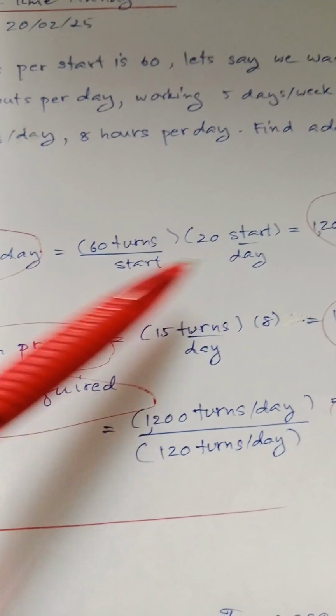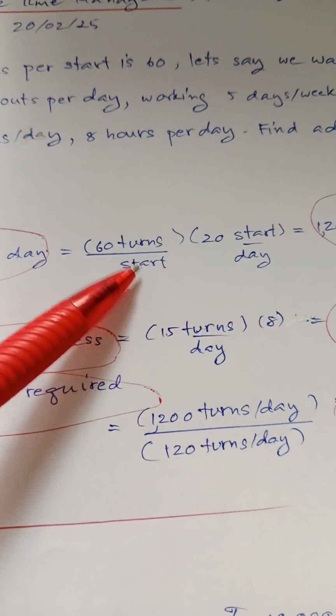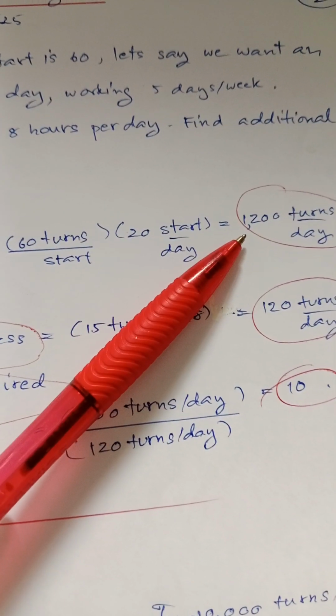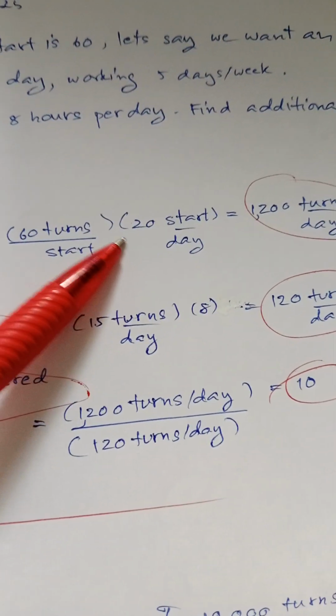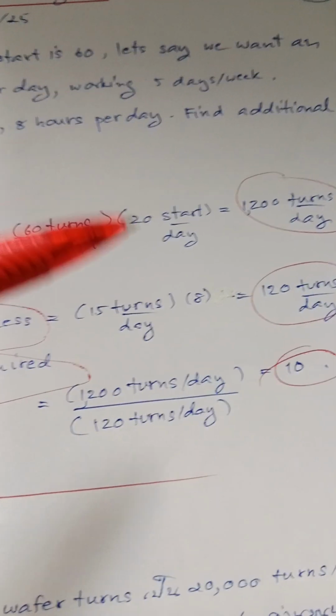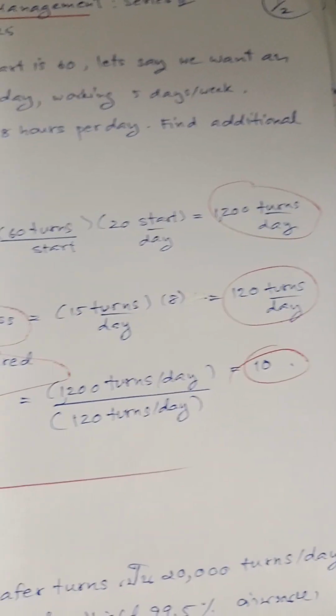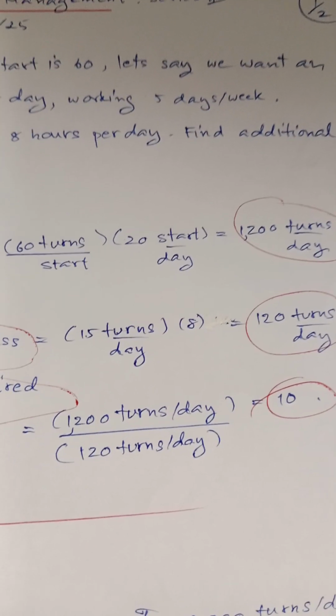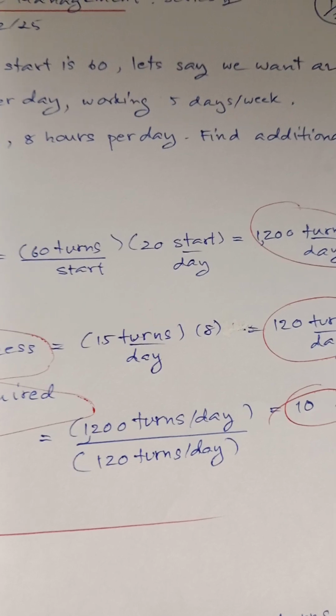Start in this case means the wafer, so start cancels out. You have 1,200 turns per day. That's the number of turns increase per day.